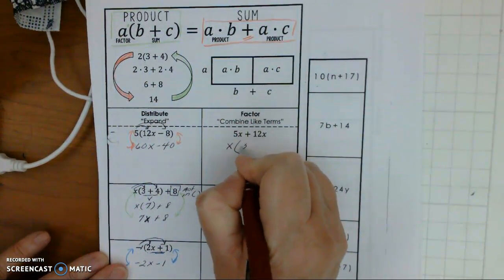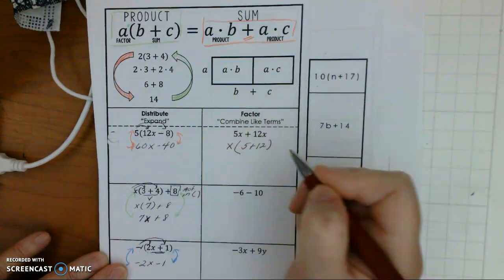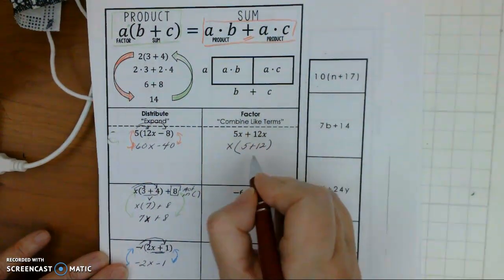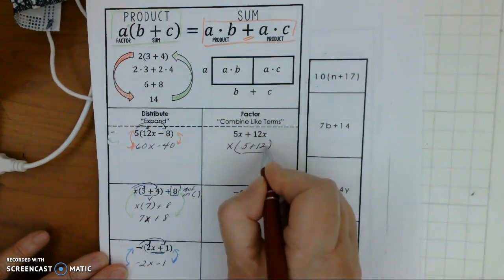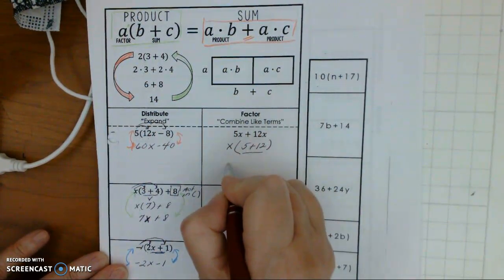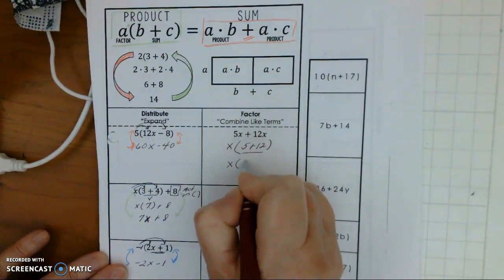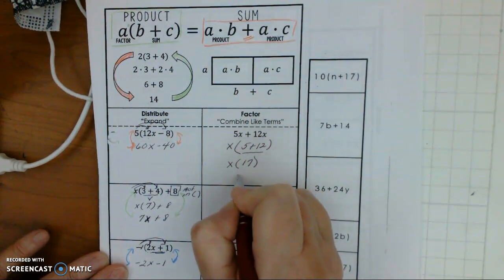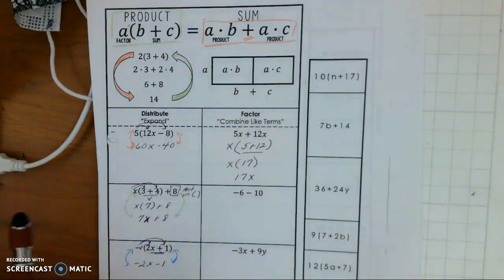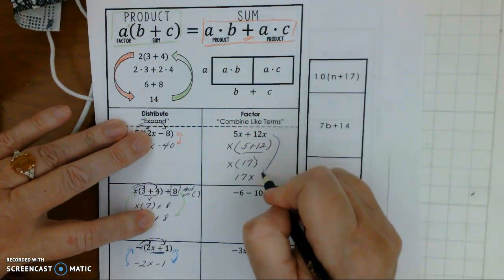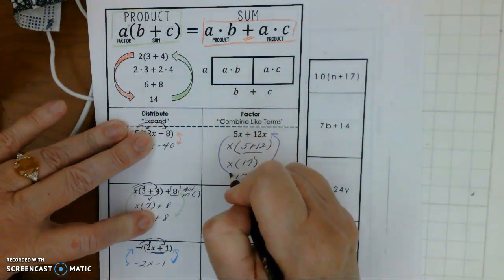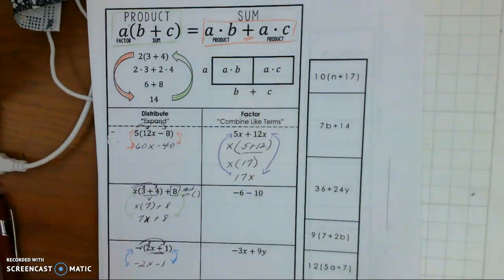And then we're going to do 5 plus 12. So we combine in the parentheses. It's x times 17, or you can write it 17x. Again, these are equivalent terms.